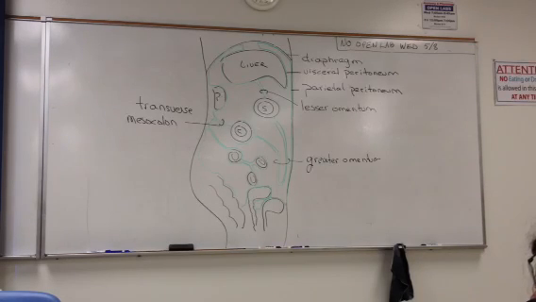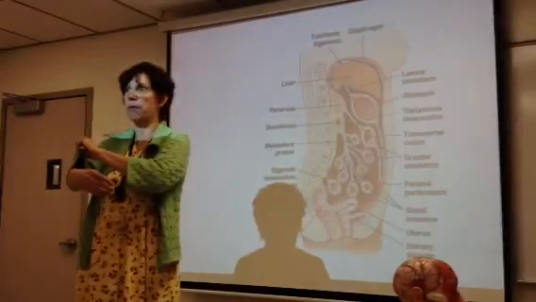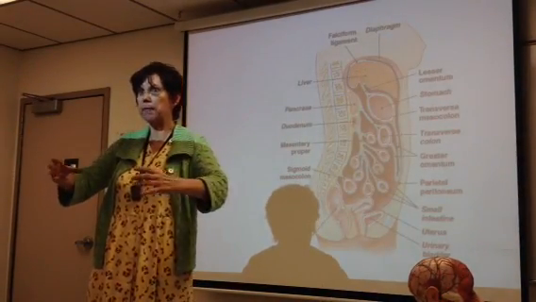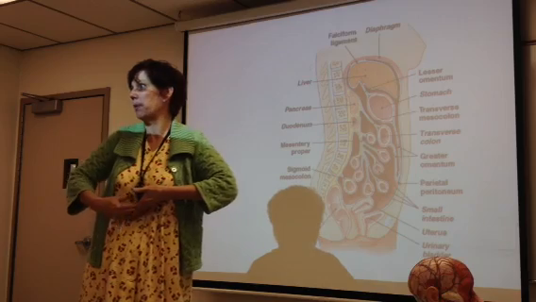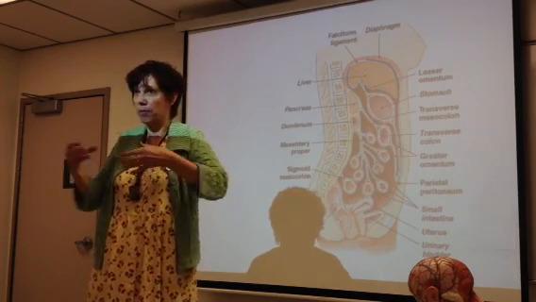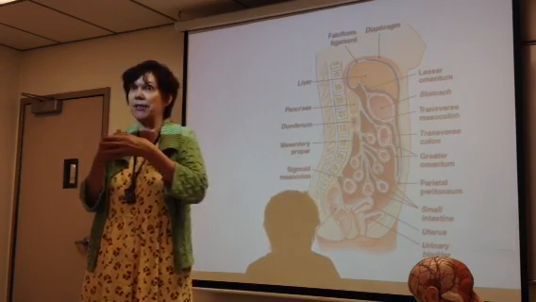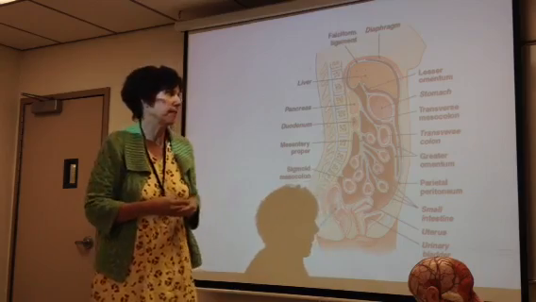Okay? So for the small intestine, I've got 20 feet of mesentery that I'm suspending that small intestine with, that has to all be gathered together and attached to the posterior abdominal wall. So it is literally gathered, and forms a ruffled attachment.